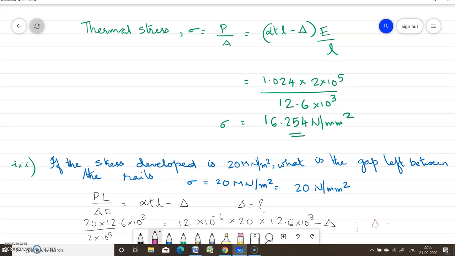You will get delta, the gap that has to be provided, as 1.764 millimeter. Okay, you can either substitute these values, or you know this value directly because you have obtained it earlier. This is the free expansion, alpha into T into L, which is equal to 3.024, you have already obtained. So you'll get delta as 1.764 millimeter. Okay, thank you.